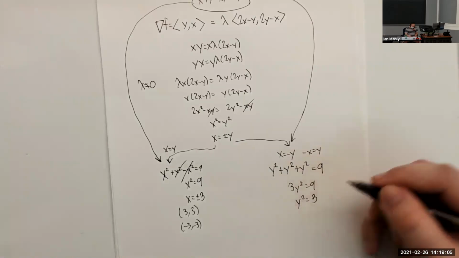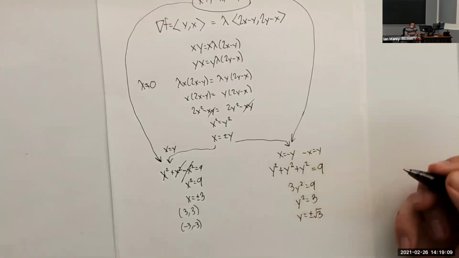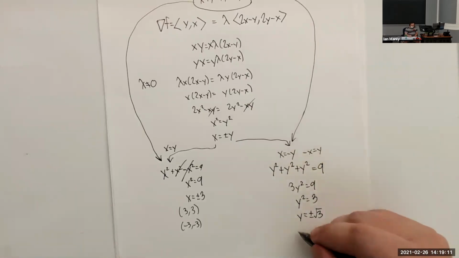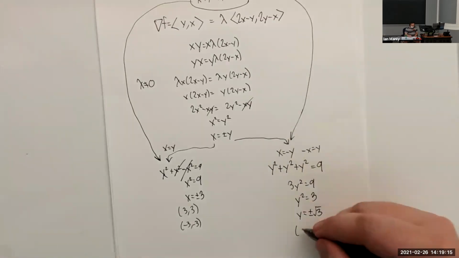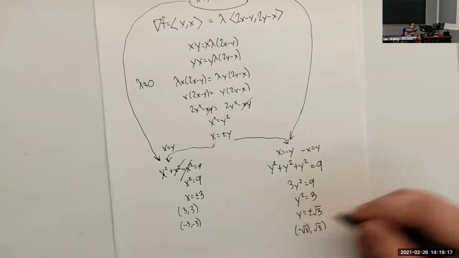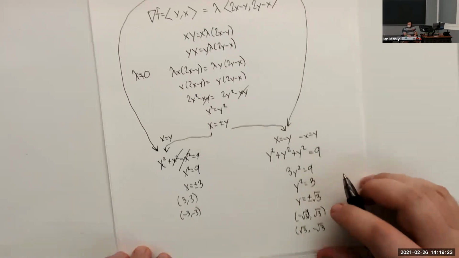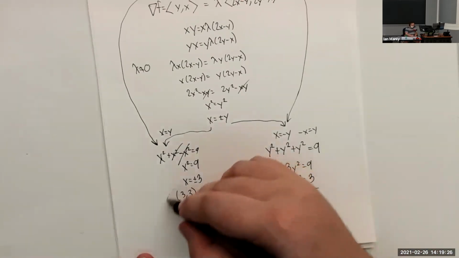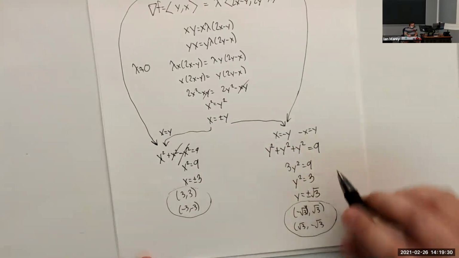Then y squared is 3, meaning that y has got to be plus or minus the square root of 3. If I have a y value of root 3, then according to this, I need an x value of negative root 3, and vice versa. So these are going to be our points that we want.